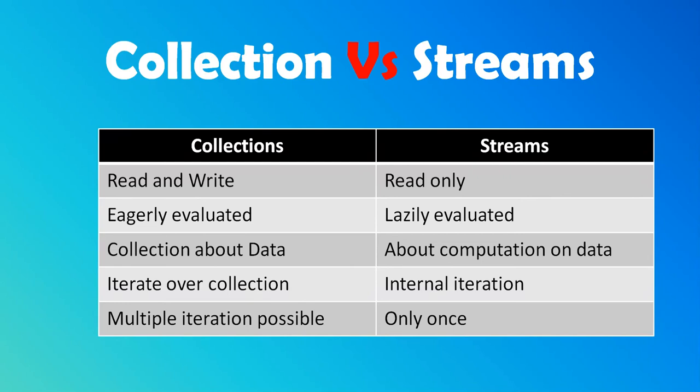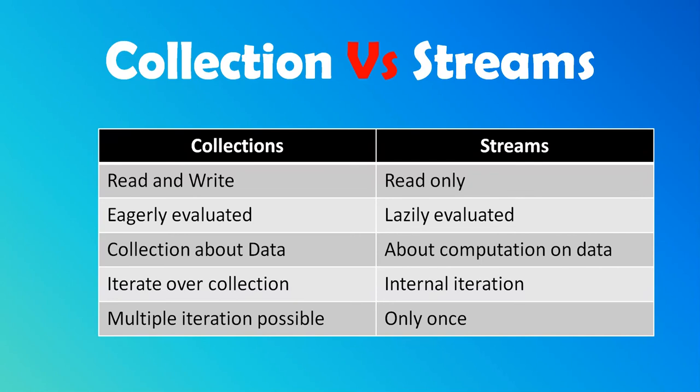Another important thing: when you have a collection, for example a list of data, you can iterate over and over and over again. But in the streams, once the data has started streaming, you cannot do it again. We can see in a simple example how those things work.